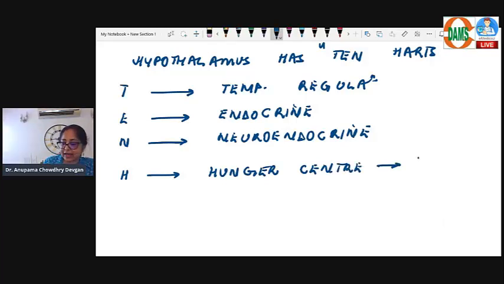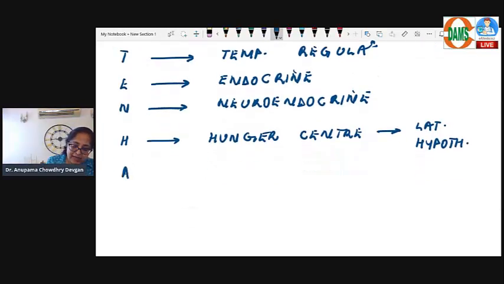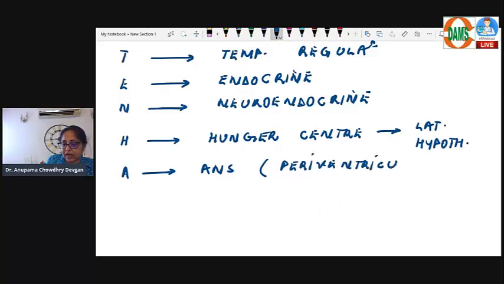Which is the hunger center? The lateral hypothalamus. A is autonomic nervous system. It controls the autonomic nervous system, which is controlled by the periventricular areas of the hypothalamus.